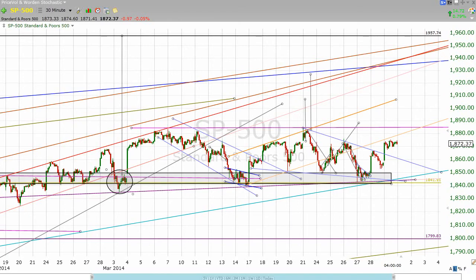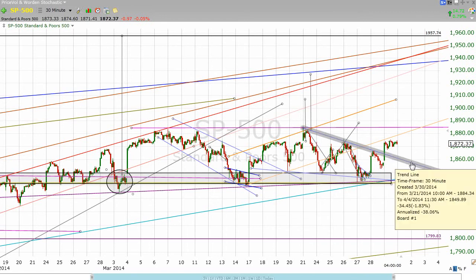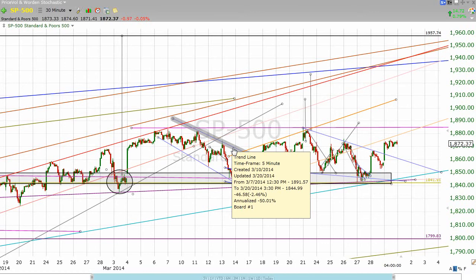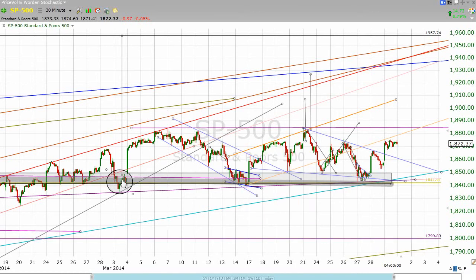Starting out here on a 30-minute chart, today we indeed, and this was one of the things we covered in the weekend video, is this resistance line right here. The question was, would this be acting in much the same way as this resistance line back here? In other words, we got from about 1840 up to the low to mid 1880s.